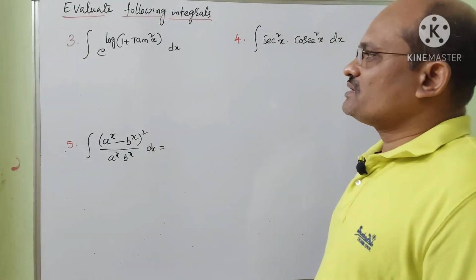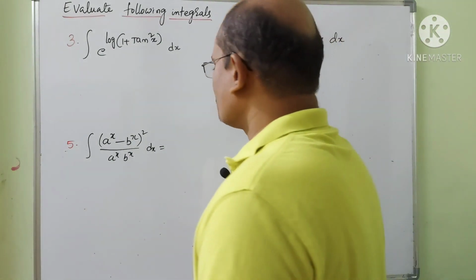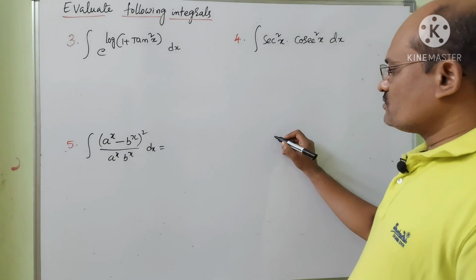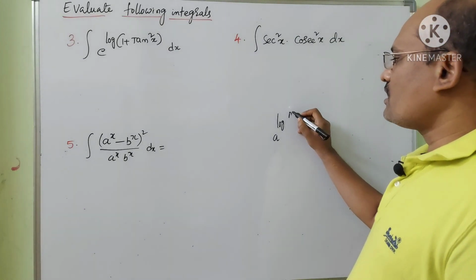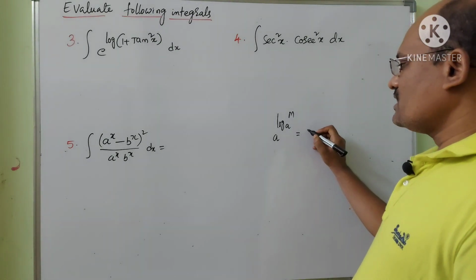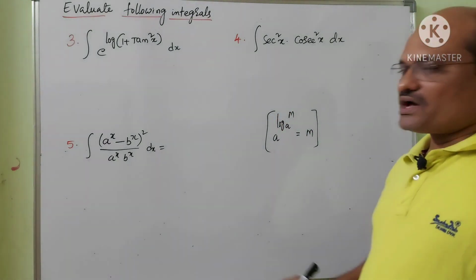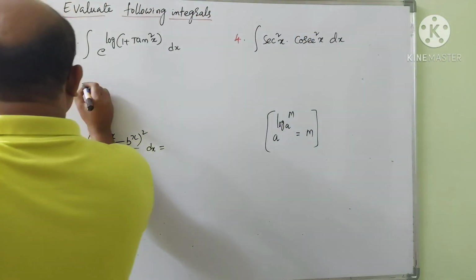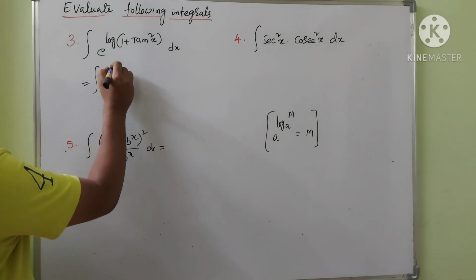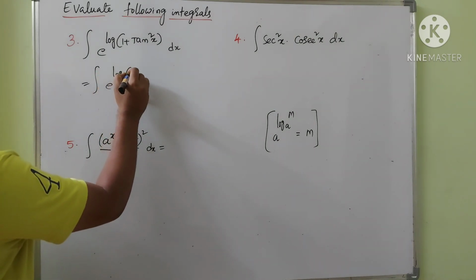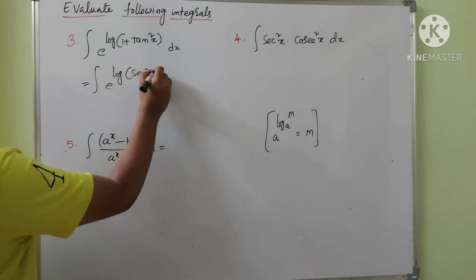Students, third problem: integral of e to the power log of 1 plus tan square x dx. In logarithms, we have a formula: a to the power log m base a is equal to m. By this formula, the integrand can be expressed like this. E to the power log of 1 plus tan square x is secant square x.